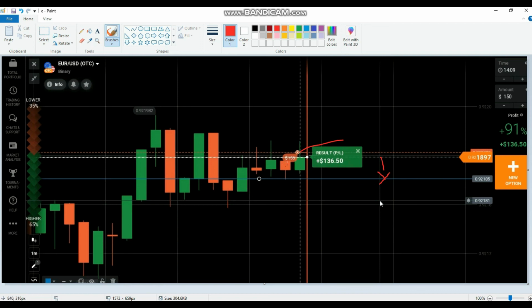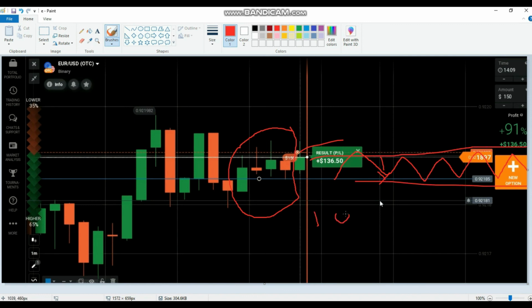In the consolidation area, most of the time after the fourth attempt the market will stop that pattern. But sometimes it may keep repeating for maybe 10 or 15 minutes, and only after that go up or down.